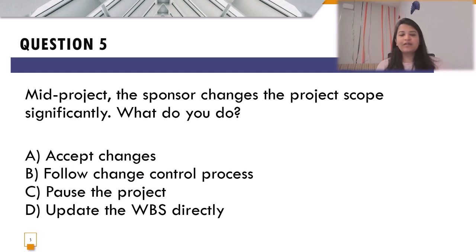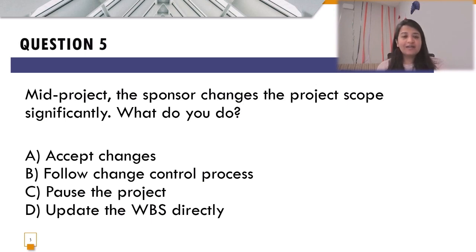Question number 5. Mid-project, the sponsor changes the project scope significantly. So what should you do here as a project manager? Options are accept changes, follow change control process, pause the project, or update the WBS directly.